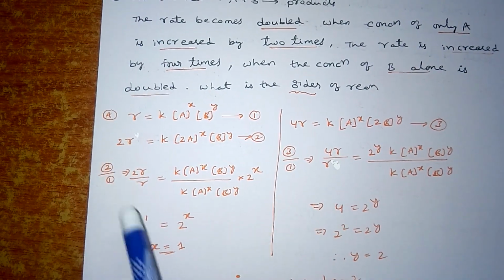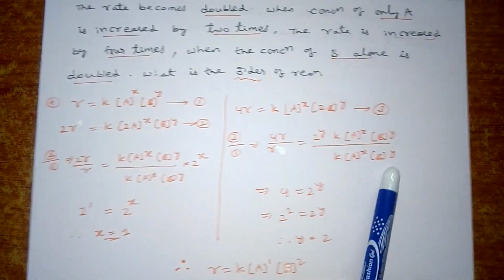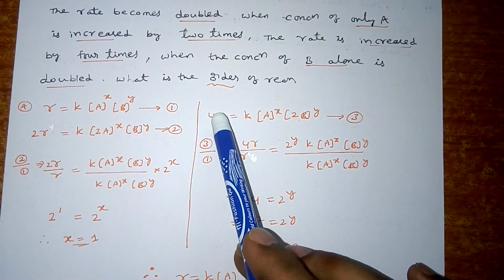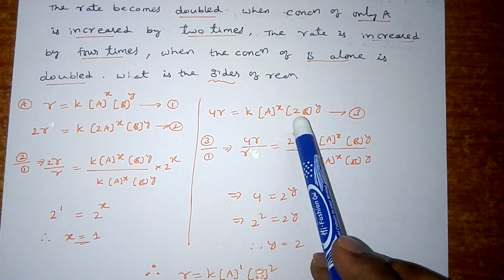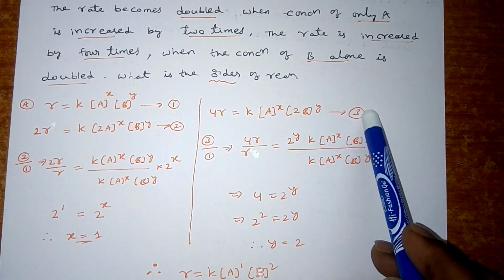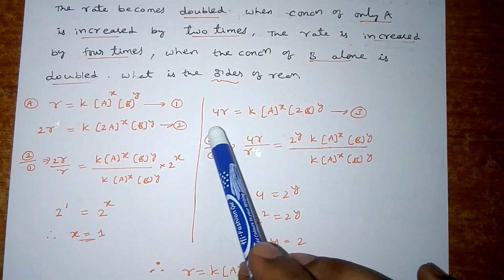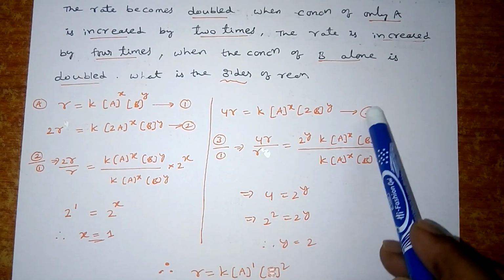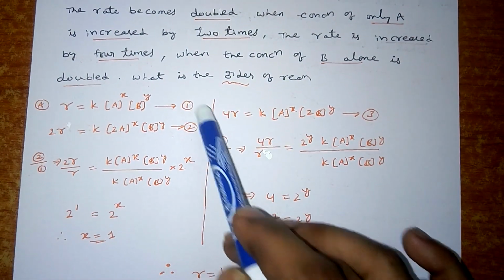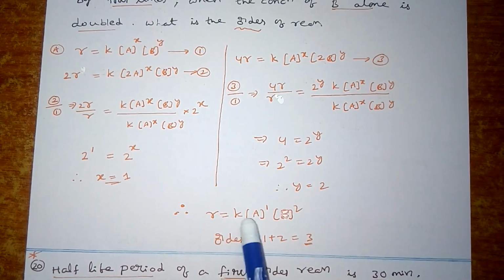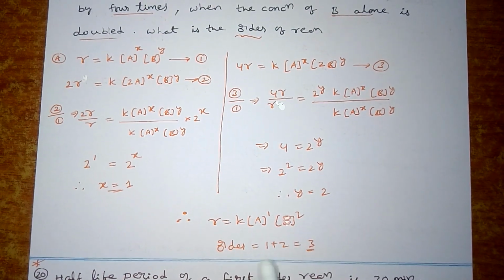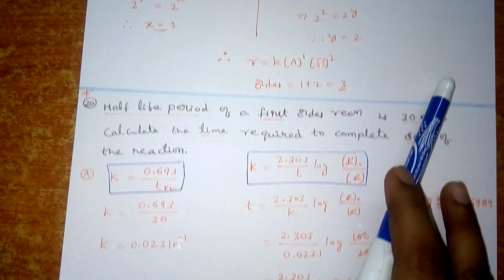If you solve 2 by 1, you will get the x value 1. Next, rate will become 4 times when concentration of B is doubled, then you get equation 3. If you solve equation 3 by equation 1, you will get the y value 2. So rate equal to K into [A] power 1 [B] power 2, nothing but order equal to 3.